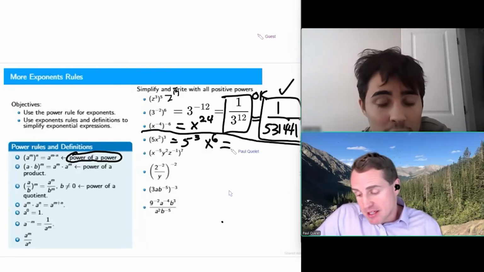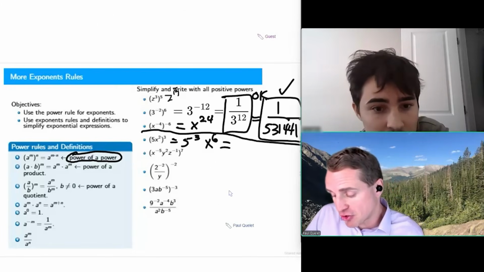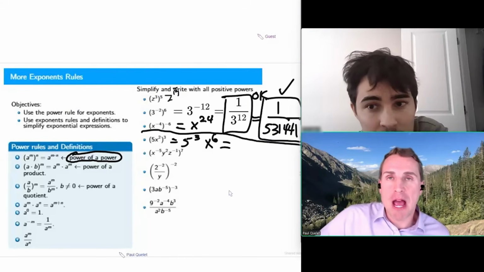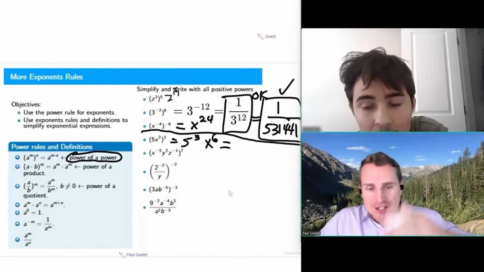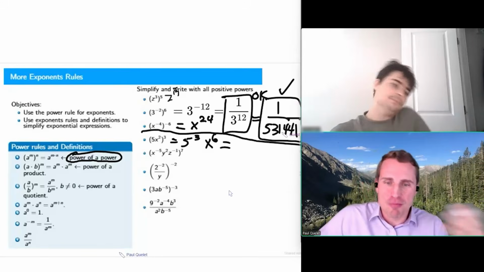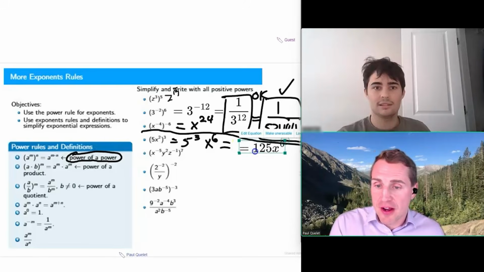When you bring it to the 5, it's a number, so it's 5 raised to the power of 3, and that's just a calculation, 5 times 5 times 5. Given it's x squared to the power of 3, that's like x squared times x squared times x squared, which just ends up being x to the power 6. You could just multiply them. So it's going to be 125x raised to the 6th for the final answer.